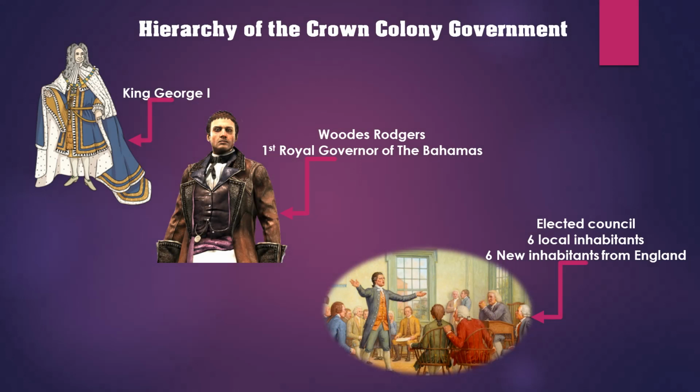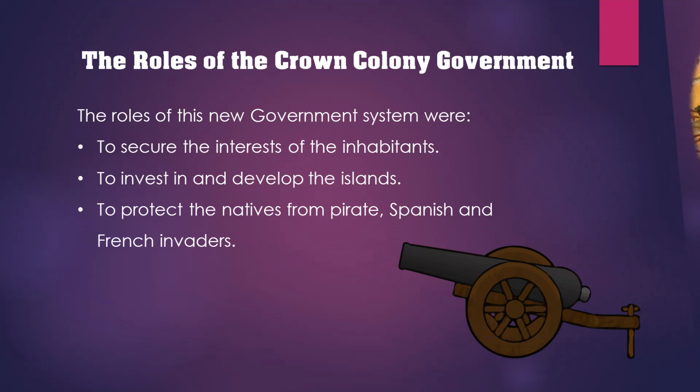The colonies now came directly under the king, King George I. He appointed a governor who had a council of advisors and could set up an assembly, an elected council. This was a unique feature of English colonial government at that time.